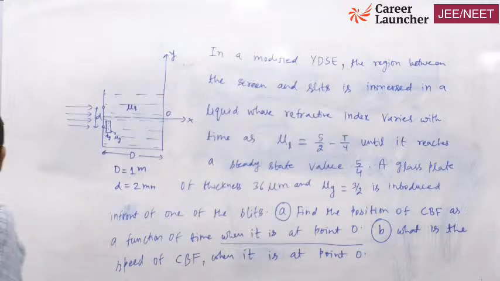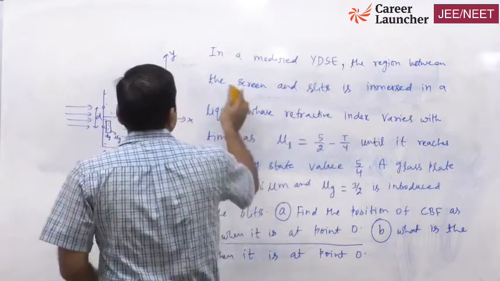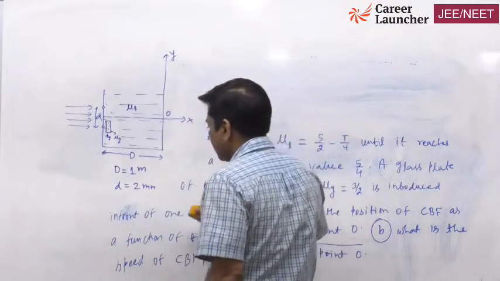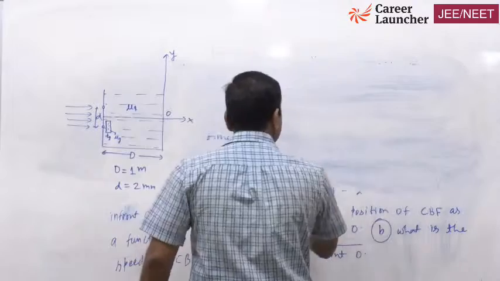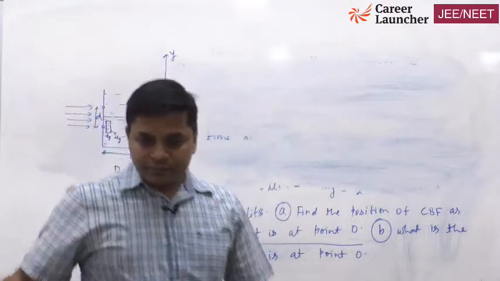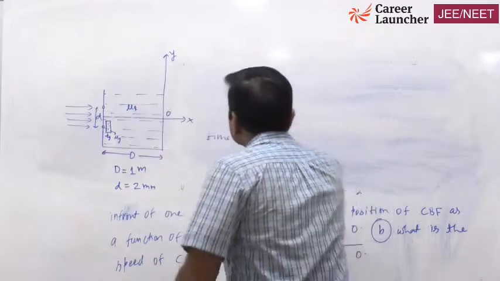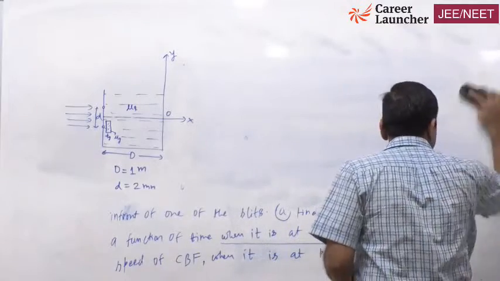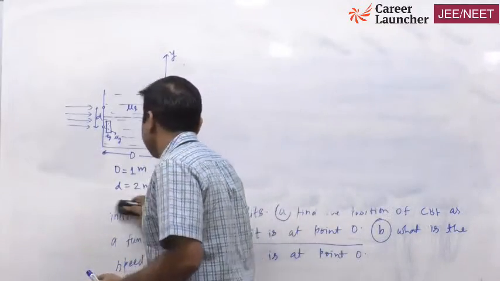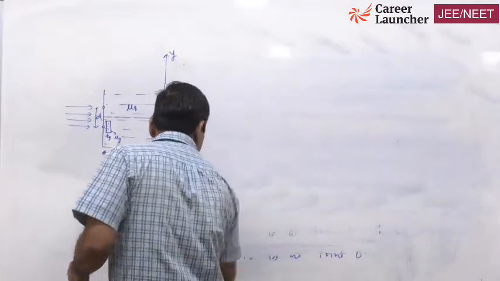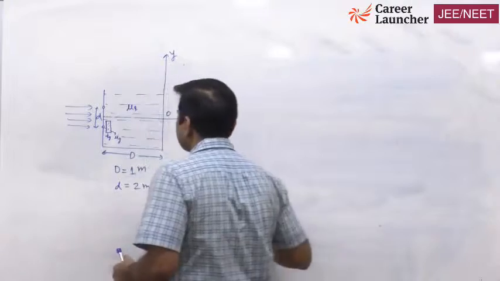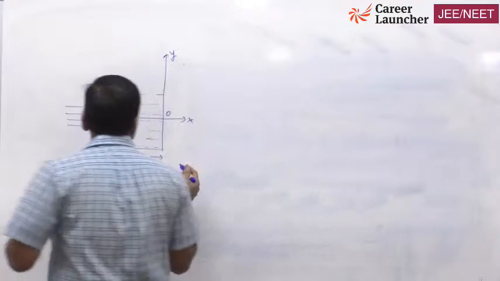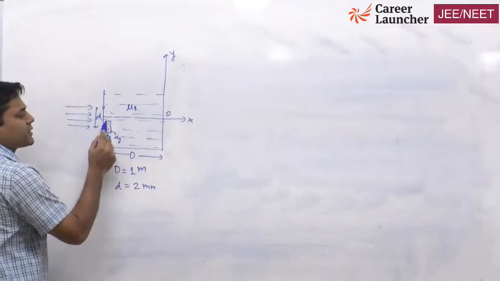So I'm going to discuss this question. Though they have asked what happens when the CBF is at O, I will still tell you by taking a point, since the glass slab is inserted over here.